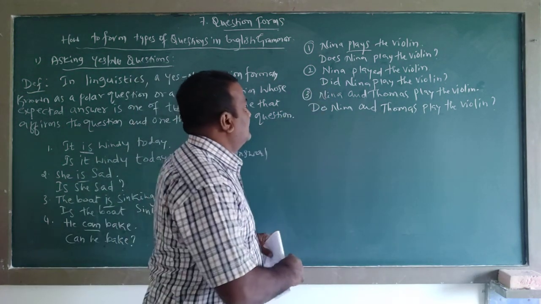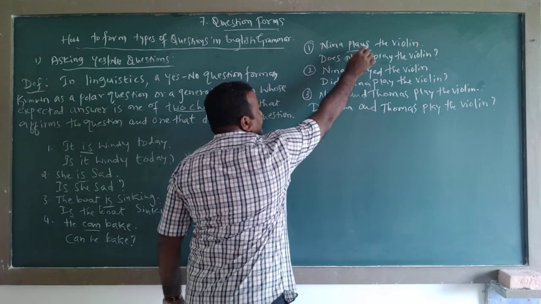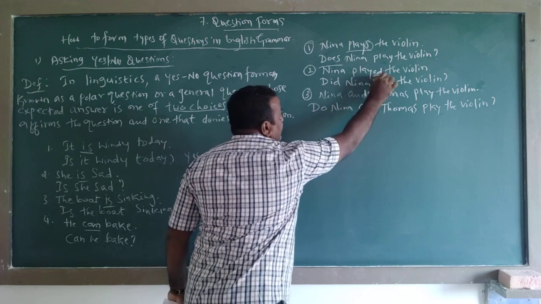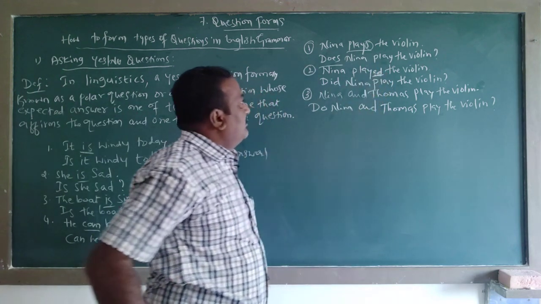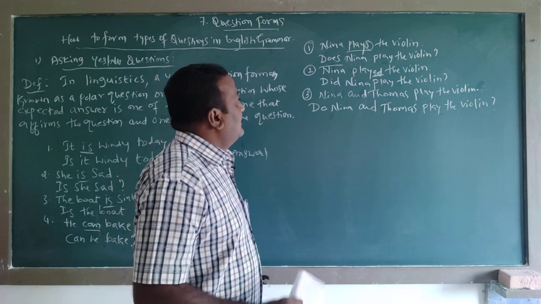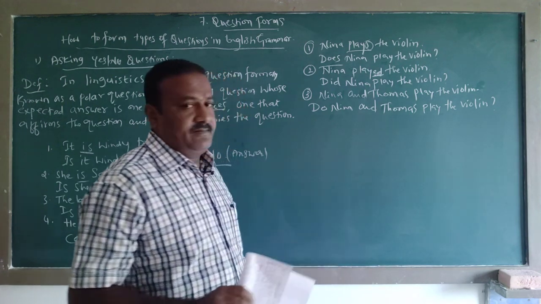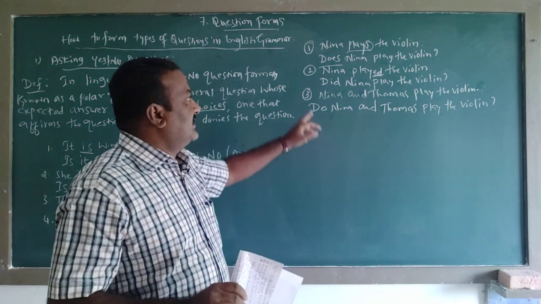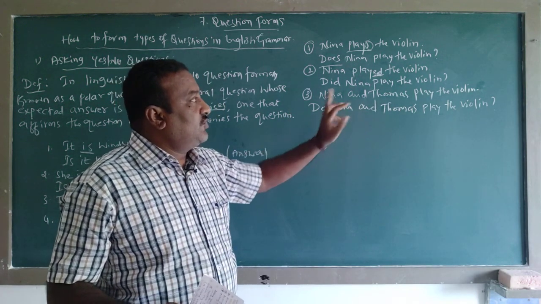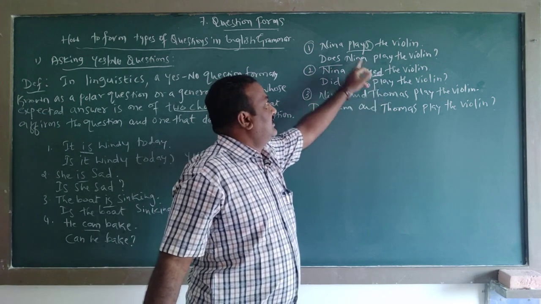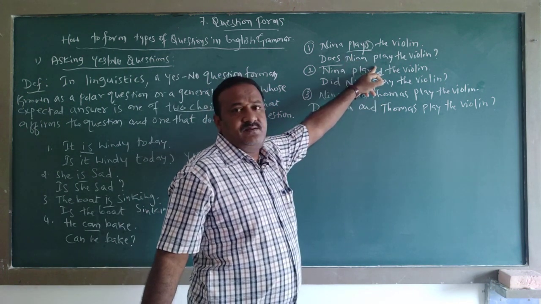Second one. Here, because of the past, we use did. See, played, plays, played. Naina played the violin. Did Naina play the violin? Played, play. Plays, play.